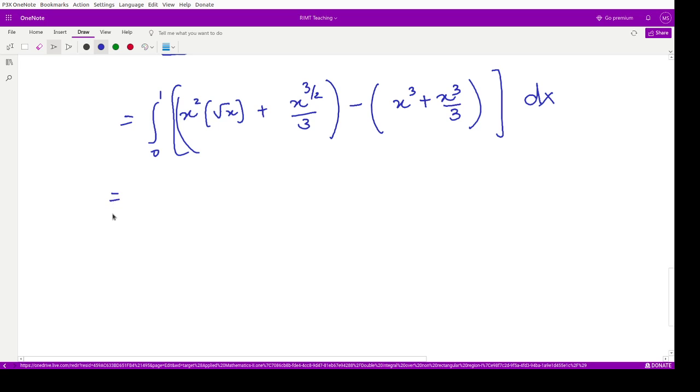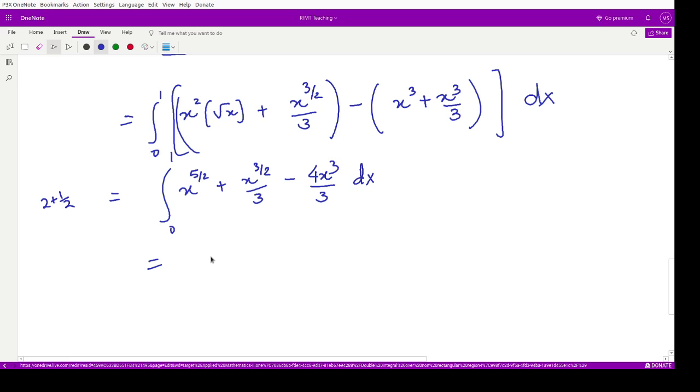So it would be equal to x to the power 2 plus half, so 5 by 2, plus x to the power 3 by 2 divided by 3 minus, here you will take the LCM, so it would be 4x cube divided by 3, and you have to compute the integration.